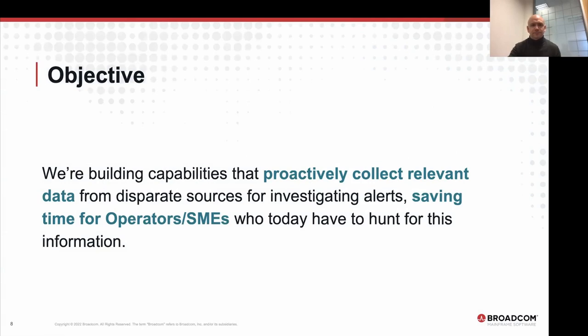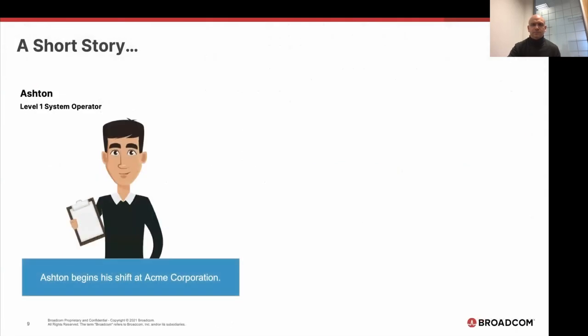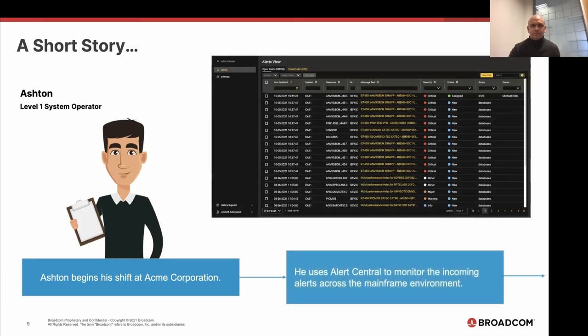And before we go to a demo where Matt will guide you through all the capabilities, we want to tell a short story so we can give you some visualization of what you're going to see and how you can apply that concept to a real-life journey in the environment. For this short story, we are going to use Ashton again. Ashton starts his day working at Acme Corporation, and he's working the night shift, for example.